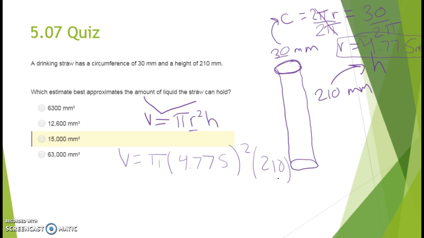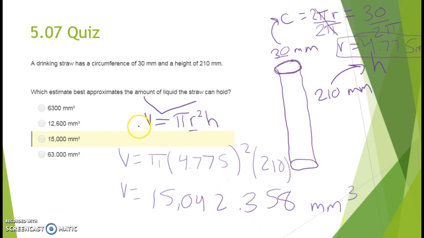And you'll get a pretty large number, 15,042.357,959. It's about 15,042.358 if we rounded, and that would be in cubic millimeters. But again, we're just estimating here. So the closest estimate is going to be that 15,000.